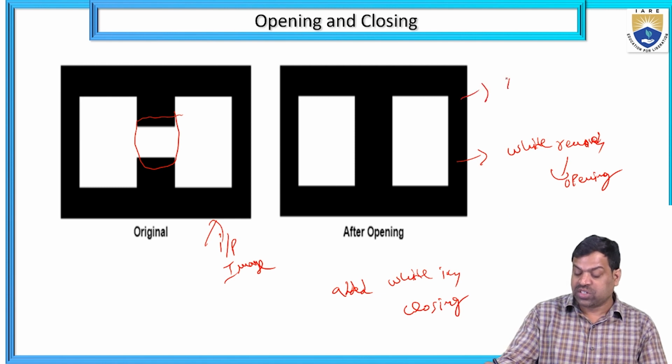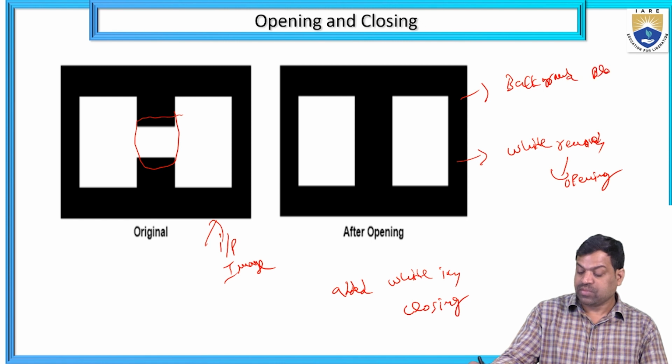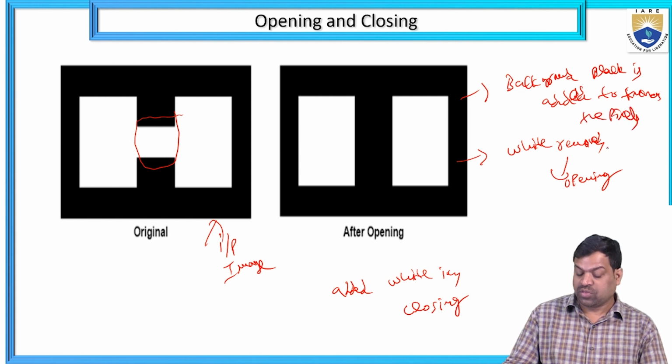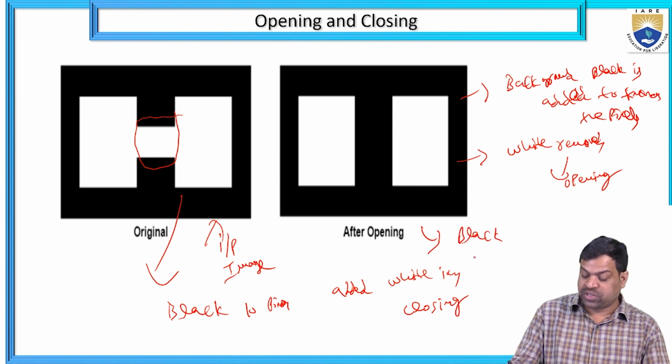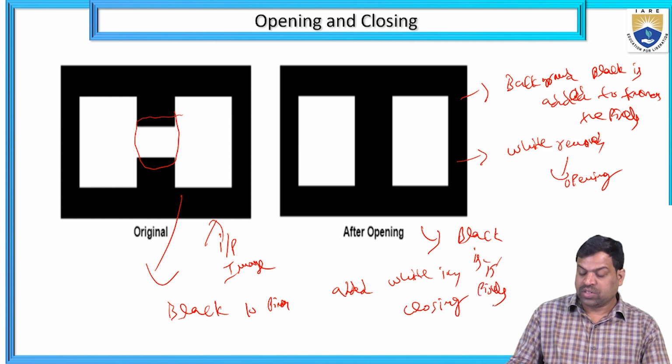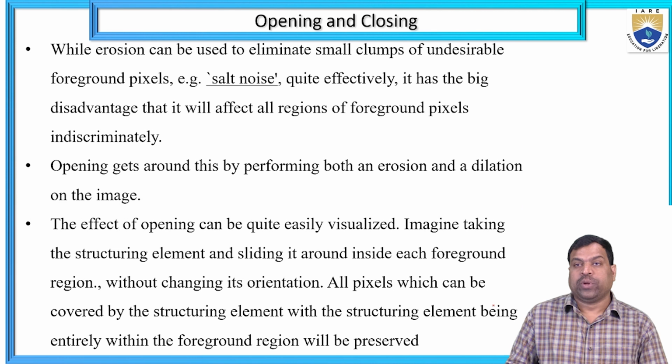So here, what has happened is the background black is added to increase the pixels. Suppose here black is 10 pixels. Maybe what happened is black is changed to 15 pixels. Okay, so that is the opening and closing.